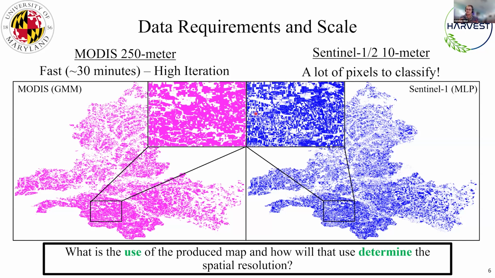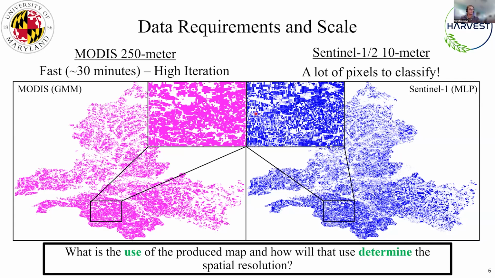You create that mask, and then within it, you can use much finer resolution satellite data, so that you reduce the amount of data that you're actually classifying within your deep learning model or your GMM model, what have you.